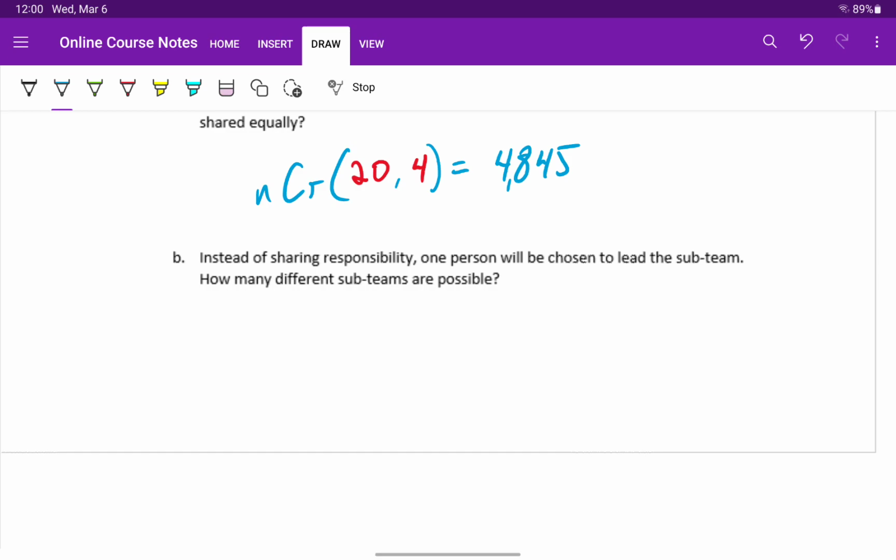So for the first selection, we need to choose one person out of this team. So out of 20, we'll select one person to be the leader, and then we'll need to multiply that by our remaining selections. Now we only have 19 people remaining and only 3 spots left to fill on the team.